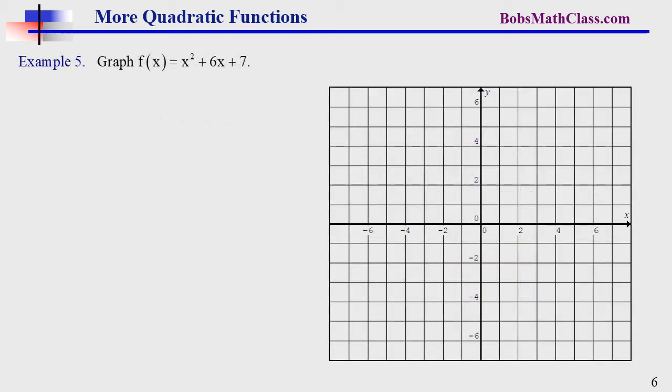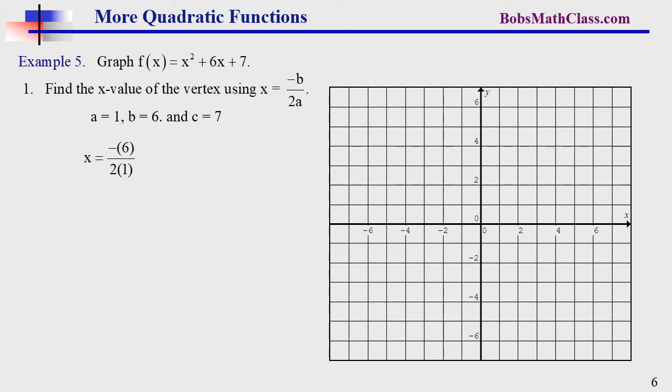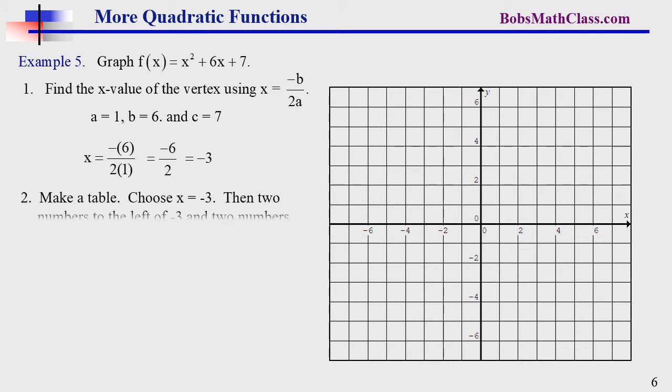All right, another graph. Again, find our vertex. In this case, a is equal to 1 because there isn't a number in front of the x squared. So a is 1, b is 6, and c is 7. So that gives us negative 3 for the x value. We're going to make our table. Negative 3 is going to go in the middle, then 2 to the left, 2 to the right.